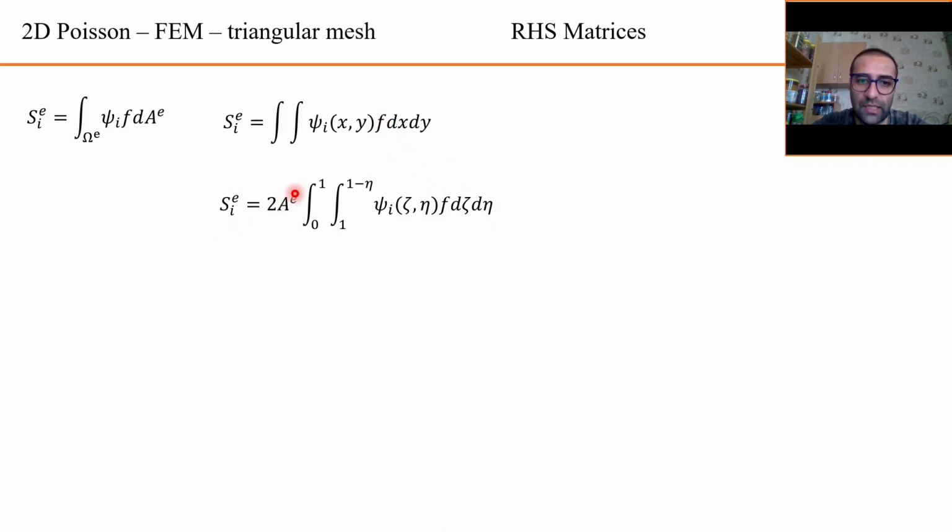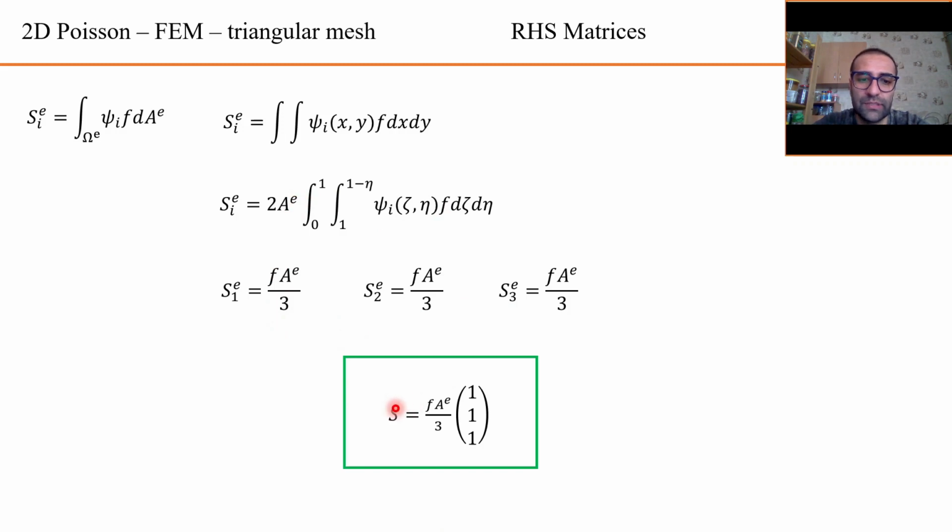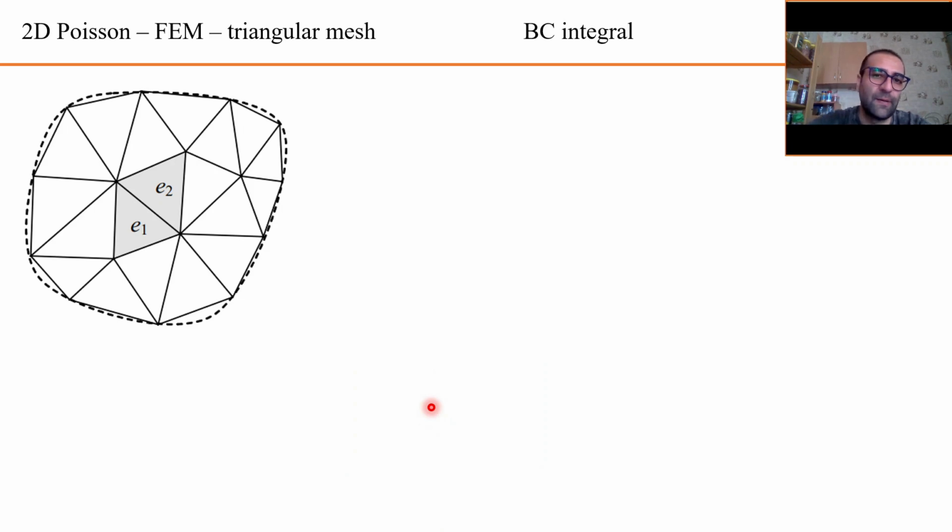We have 2a that comes from the Jacobian, and if we substitute psi, which is a function of eta and zeta, in this integral and calculate the double integral, we can get S1, S2, and S3 to be f times a over 3, very simply. Therefore, this is the S vector, and this is some unit vector times some constant. It's a function of the right hand side and the area of the element.